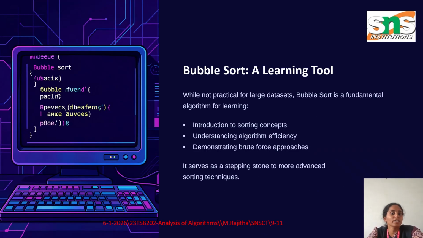Limitations of bubble sort. Very slow for large data, high number of comparisons, poor performance compared to other sorting algorithms, not used in real world applications. So bubble sort is more of a learning tool than a practical solution.